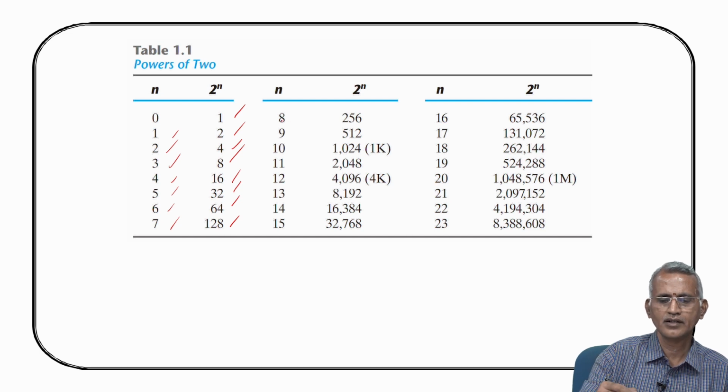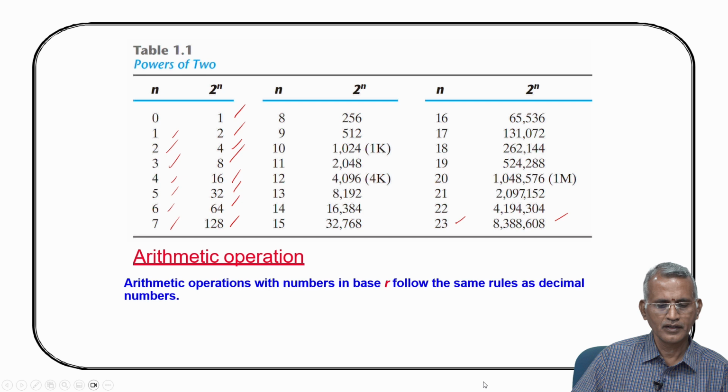We can extend it to 23, where 2 power 23 is 8388608. Like that we can write the powers of 2 in terms of the table. Keep this in mind, so that we can use it for arithmetic operations.